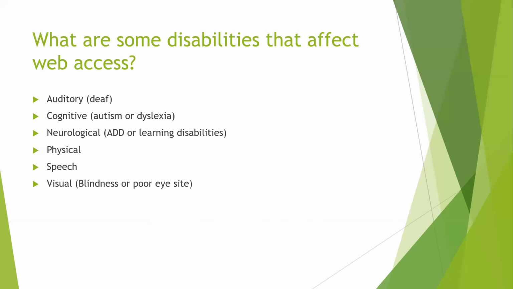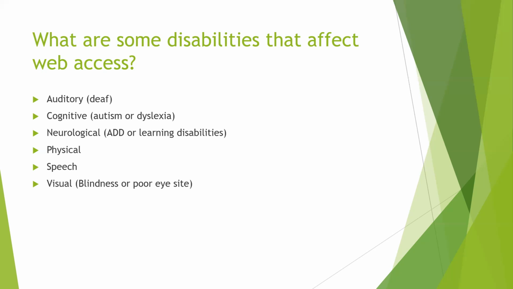So if you have autism or dyslexia, is a couple examples of that. Any really, I guess, learning disability that can make it difficult for you to understand what's going on in the site. Neurological, ADD, learning disabilities, physical disabilities, so things that can make it hard to interact with the site.